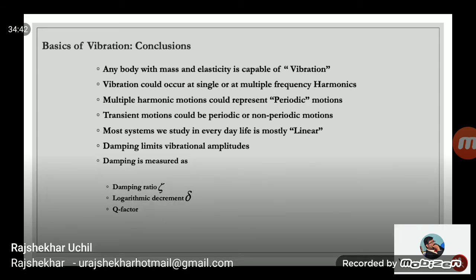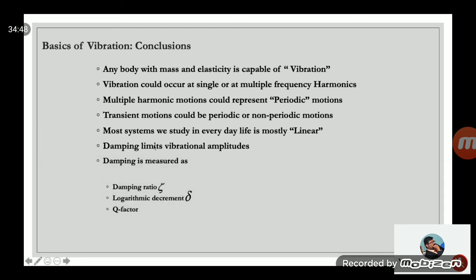So I'm not going into that part of the world. Just linear. Linear is simple. Damping limits vibration amplitudes only at the natural frequency. So we have learned the damping ratio, logarithmic decrement, and Q factor. These are the three parameters measured for damping.